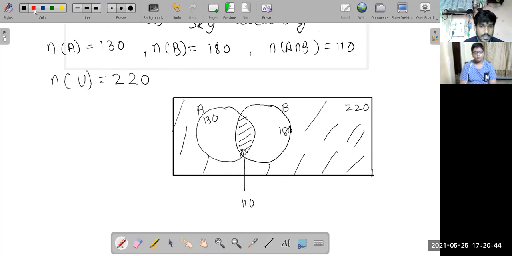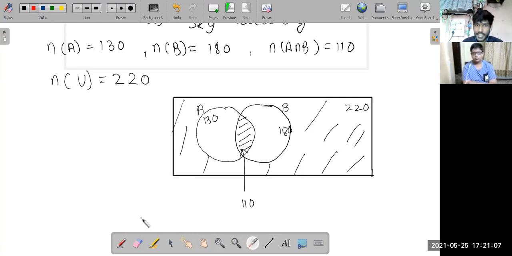Look at the diagram once again. First we have to find out the number of students who do not have any of the hobbies. That means this portion outside, that is shaded in black. Yes?